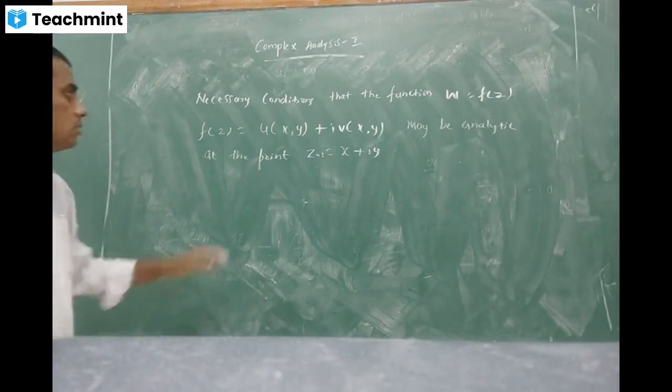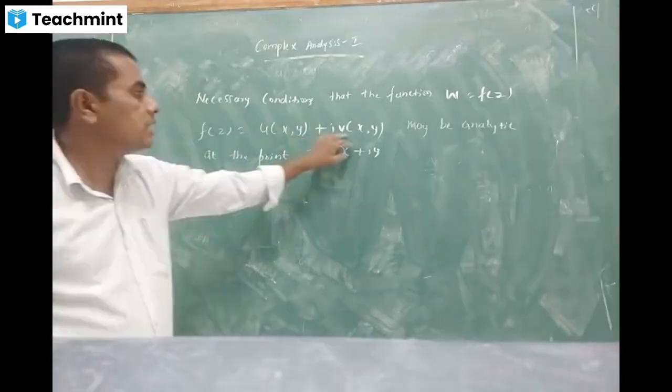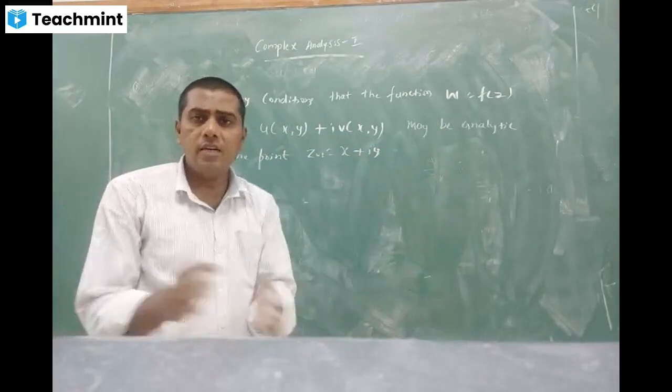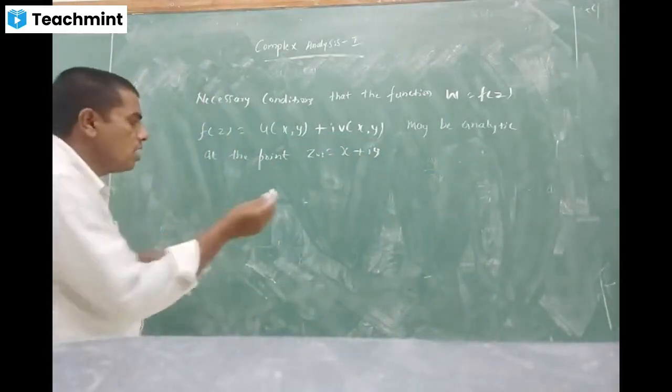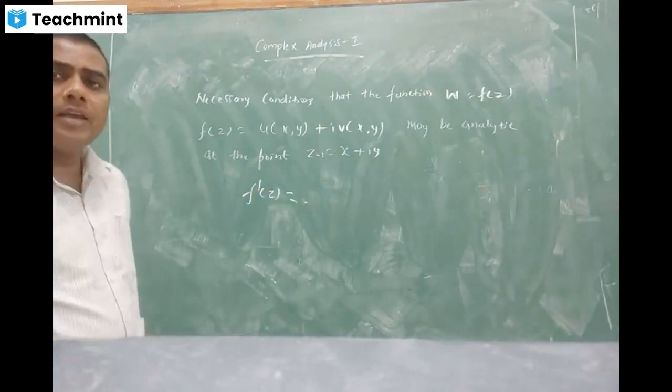The given function is f of z is equal to u of x comma y plus i into v of x comma y, may be analytic. Analytic function means the derivative must exist with respect to the complex valued function, or else f dash of z exists and is unique.